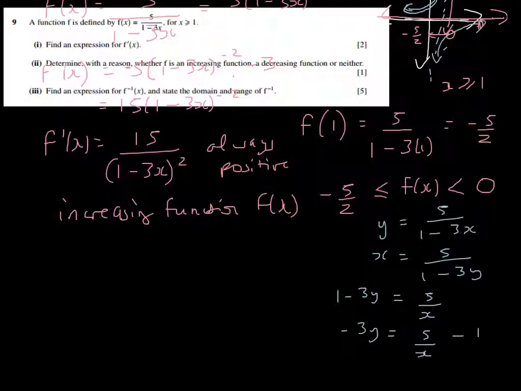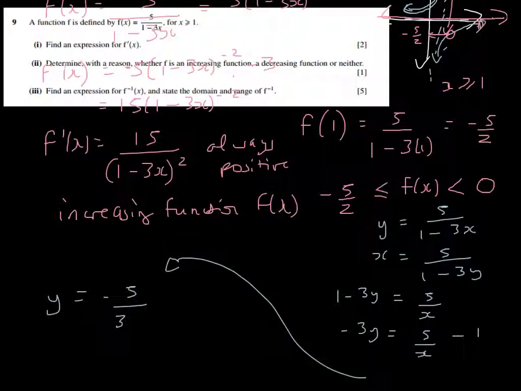And then I'm going to divide everything through by negative 3. So I'm going to get negative 5 over 3x, and then plus 1/3. So then my inverse function is this, negative 5 over 3x plus 1/3.